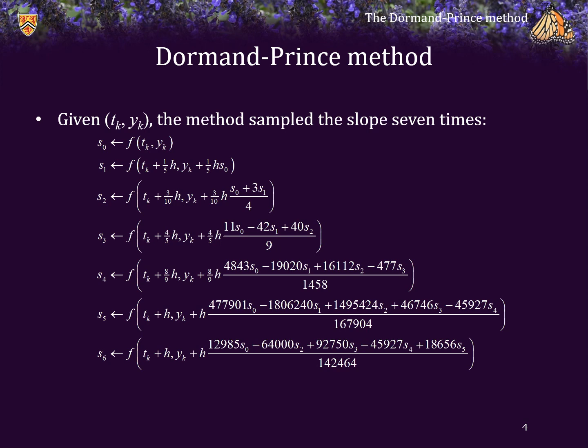Now, while we are calculating the last slope S6, it happens that the most accurate approximation is actually that value that is calculated there. So that's quite nice, because while we are calculating these slopes, we automatically are calculating the optimal approximation of the value at the next point.